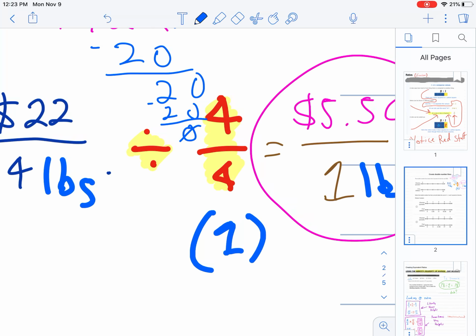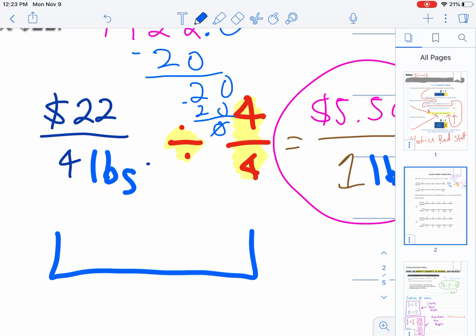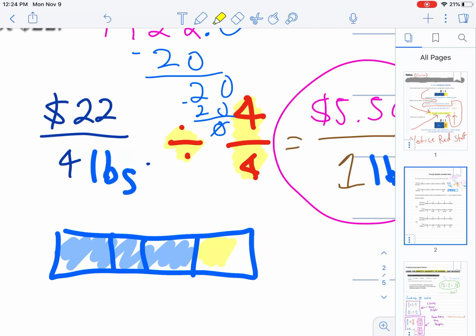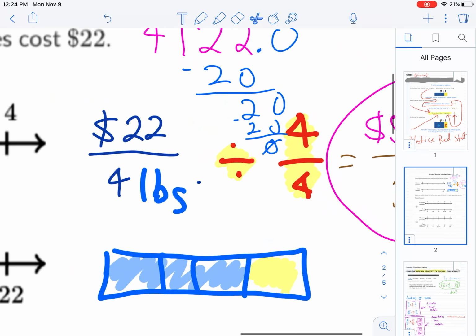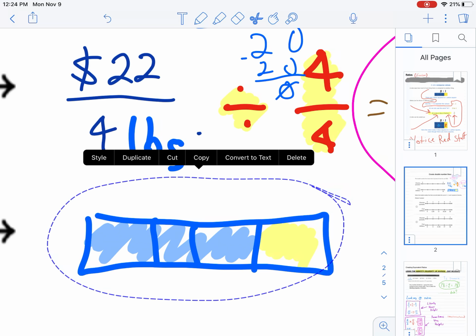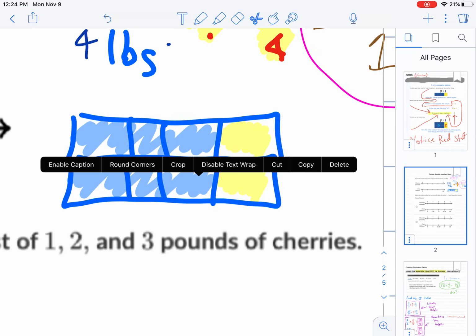You can multiply and divide by 1 and not change the answer to your question. So 22/4 is just this situation here. Like these were your blue, right? And this was your yellow. What you're looking at there, this ratio, is just one of these bars that has been scaled up. Exactly 4 times.